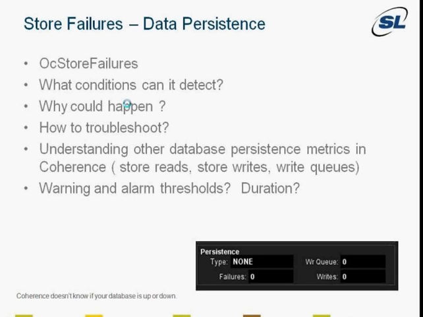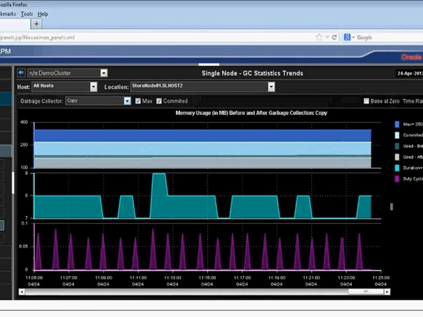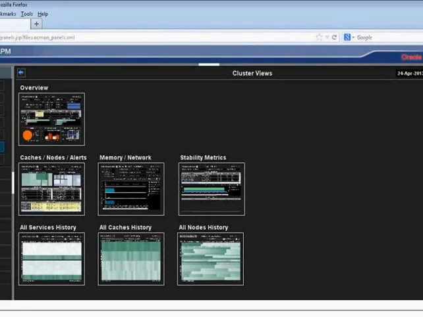And one of the ways we have added to the product is actually allowing you to do analysis of how well that integration is really working for you. How many reads are you doing? Are your reads uniformly distributed across the nodes, or is one node frequently missing and having to go out and grab data from the database? And how well are those performing? Are they fast or are they slow?